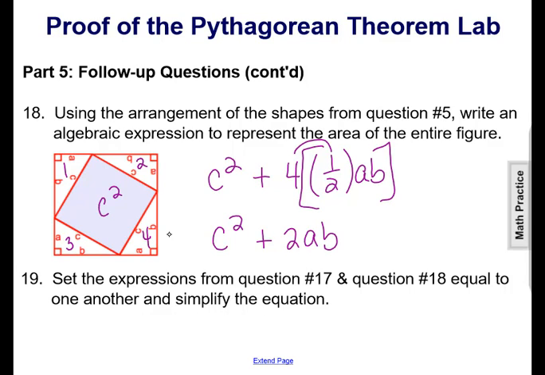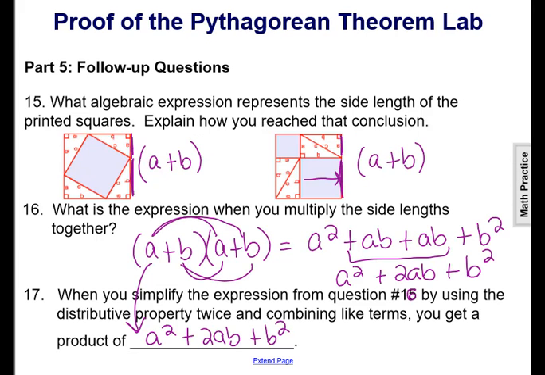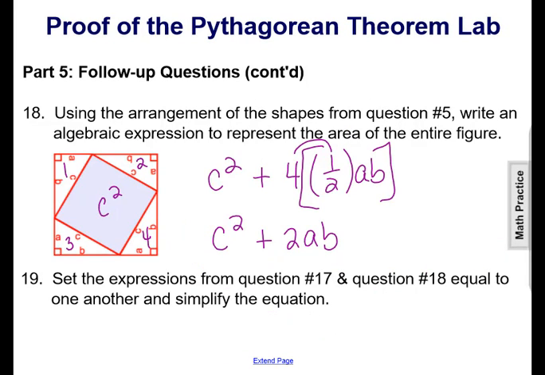But we already found an expression for the whole entire square. Remember, we just said it would be A squared plus 2AB plus B squared, if we use the side length of the square to find the area. So what we can do is set those expressions equal to each other.